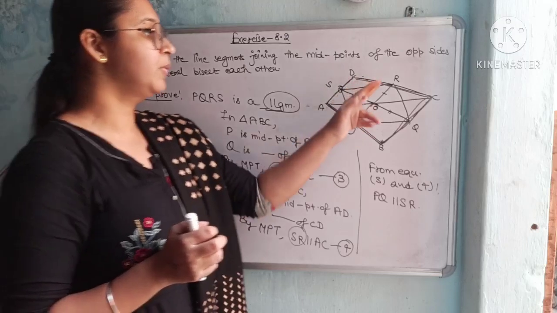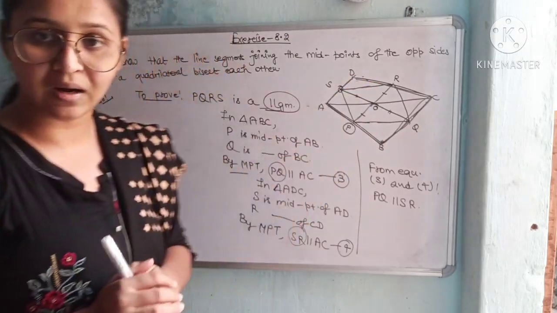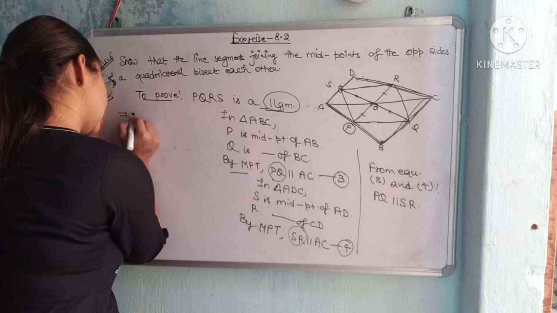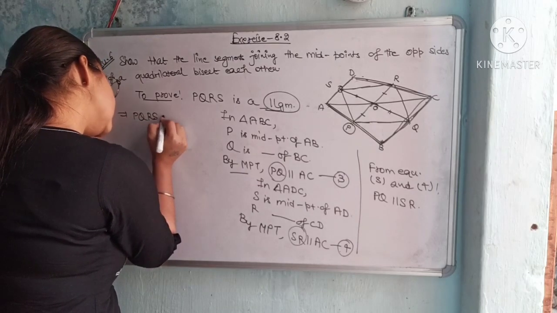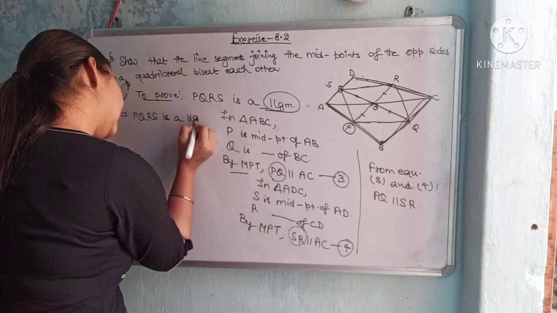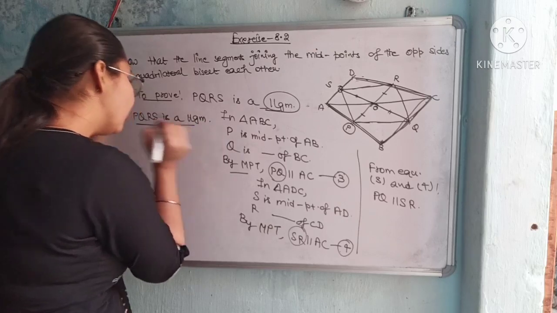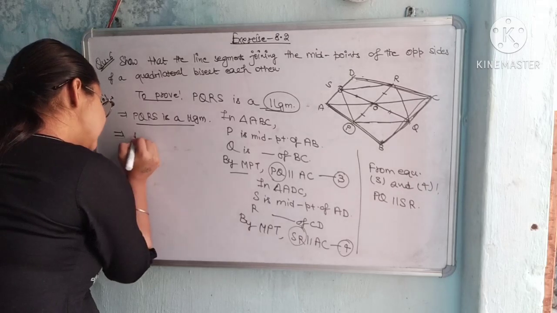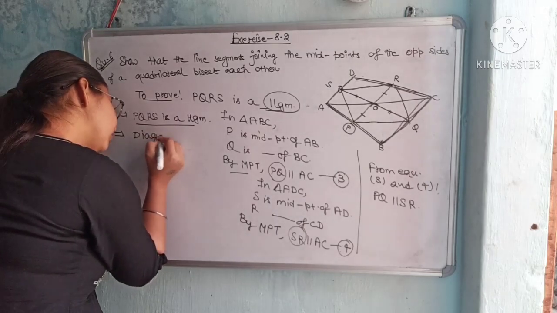It means both pairs of opposite sides are parallel. And if both pairs of opposite sides are parallel, it means PQRS is a parallelogram.